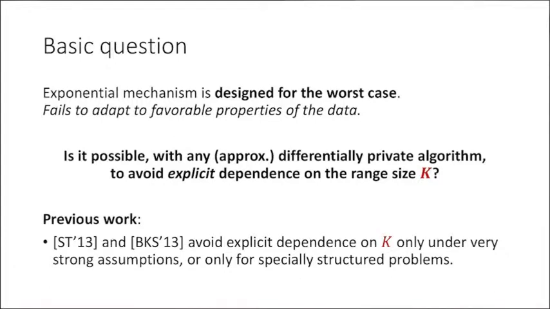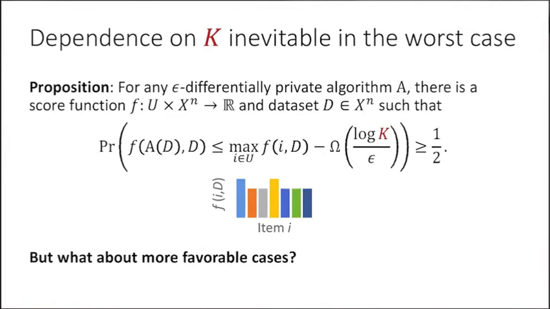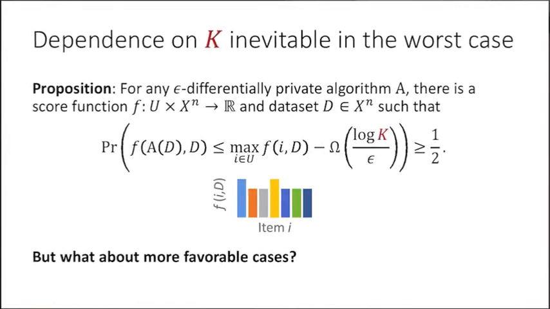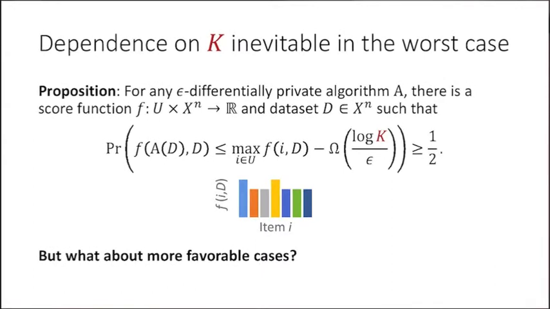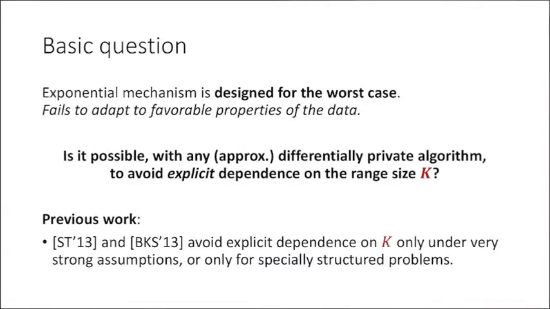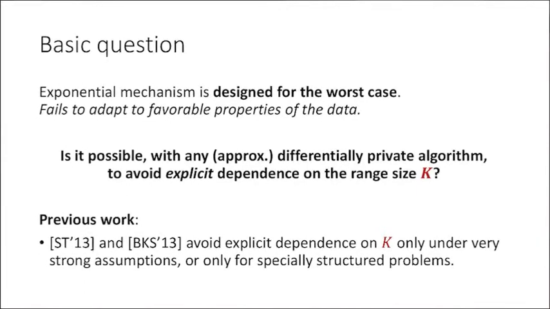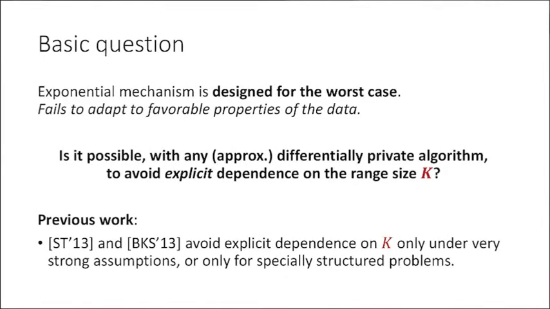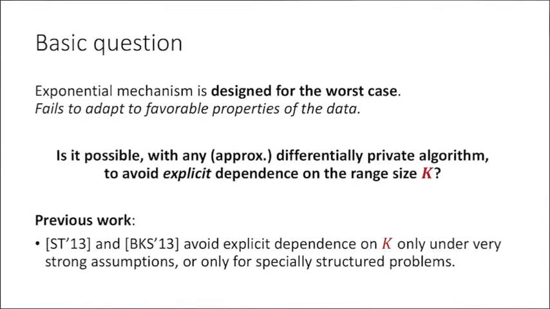It's not constructing instances where it's really hard to pick out the best item. The world is more friendly to you, and there's almost clearly just one good item that you should choose. So a basic question is whether we can design differentially private algorithms, or approximately differentially private algorithms, that avoid this kind of explicit dependence on the worst case, on the number of items or the size of the range.